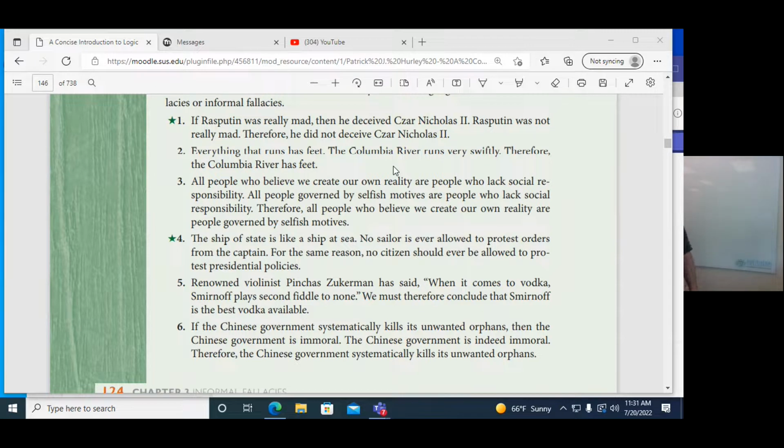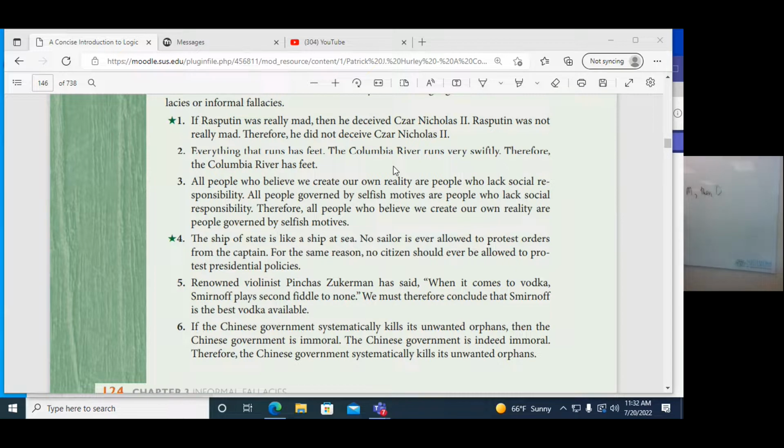They're all fallacies. So is this first one, if Rasputin was really mad, I'll say if M, because it has the word mad in it, then he deceived Tsar Nicholas II. So then D, and I'll just do that for the whole sentence, right?